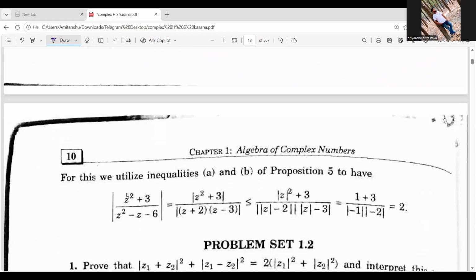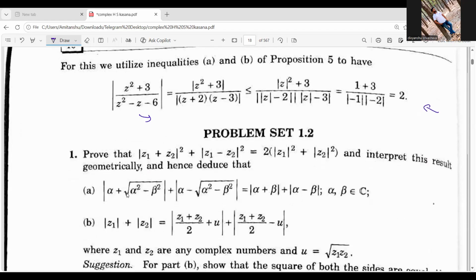When you solve the quadratic, you get z plus 2 and z minus 3, and here modulus z square plus 3 is less than or equal to modulus z minus 2 times modulus z minus 3. Then I multiply both these and 1 plus 3, which is basically equal to 2.